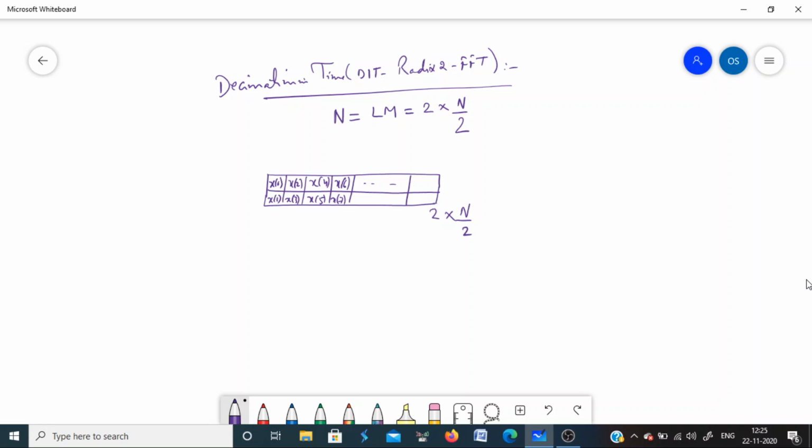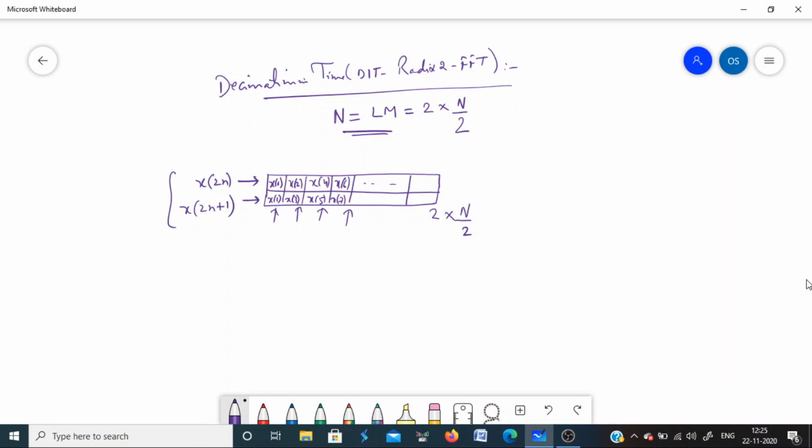Now using this decomposition, you will see that in the first row you get the even-numbered samples, which I can write as x of 2n. And in the second row you get the odd samples, x1, x3, x5, x7, which I can write as x of 2n plus 1.